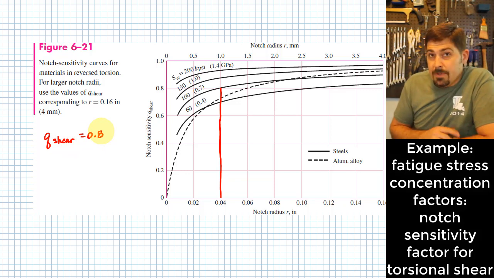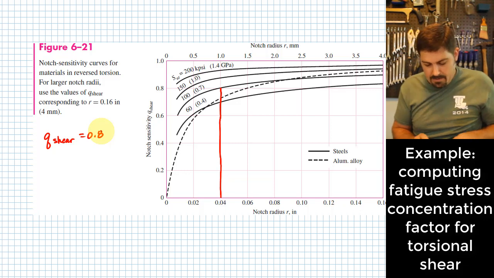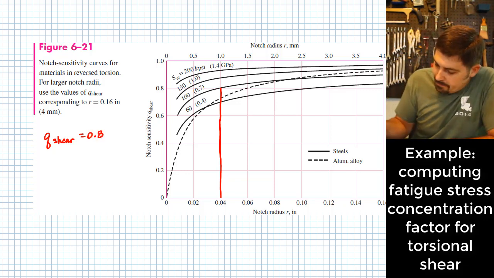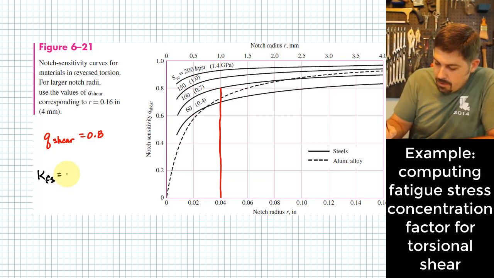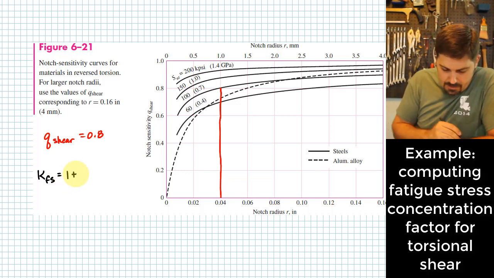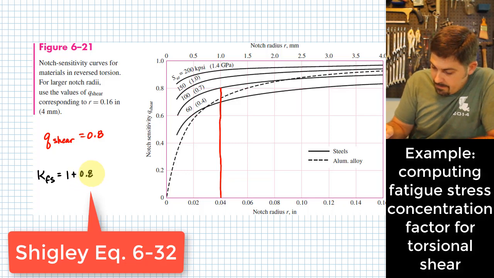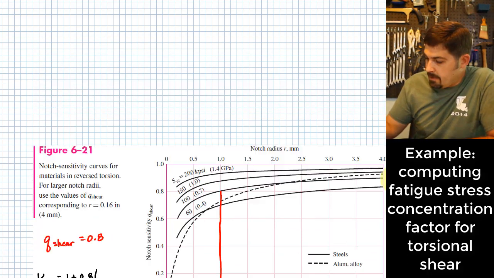All right, what do I do with that? Well, the equation that we use is of the form K sub Fs is going to be equal to 1 plus q that we just found, which is 0.8, multiplied by the K sub Ts that we found up here.